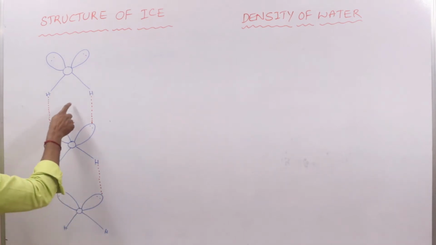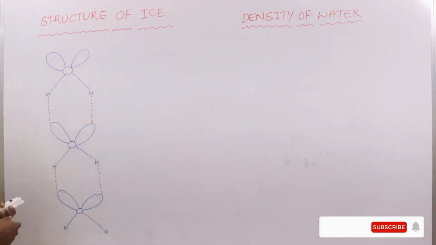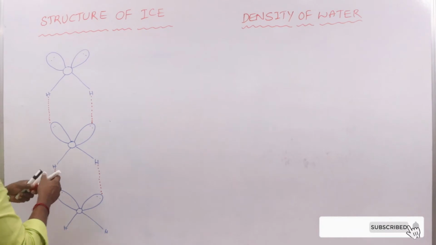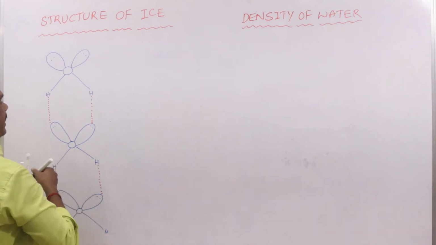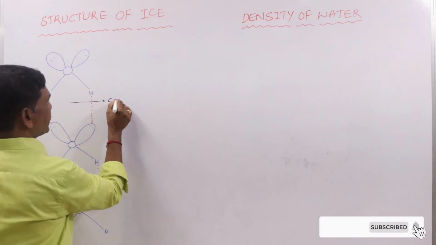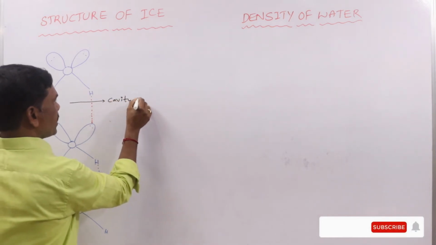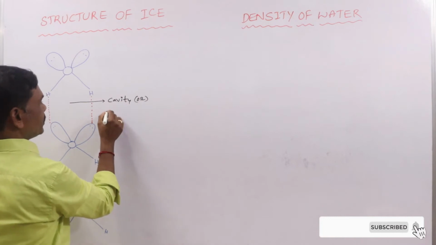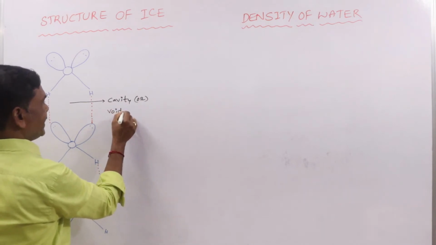Now in the formation of ice, see here, this is the empty space. This empty space is known as a cavity, or it is also known as a void space.